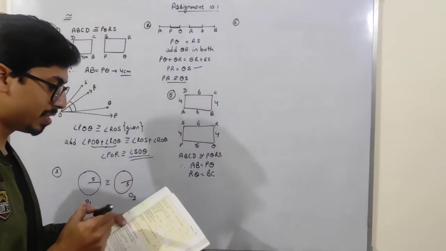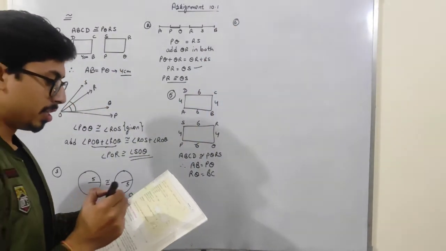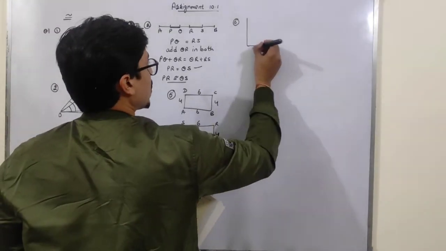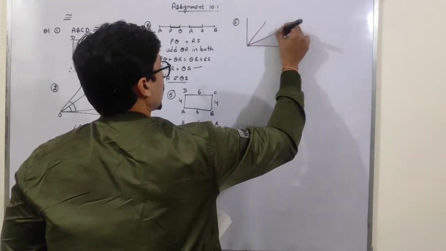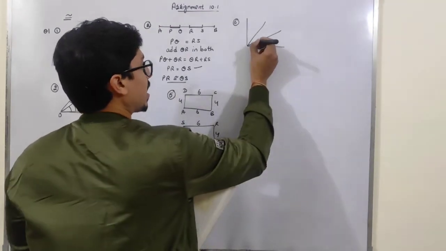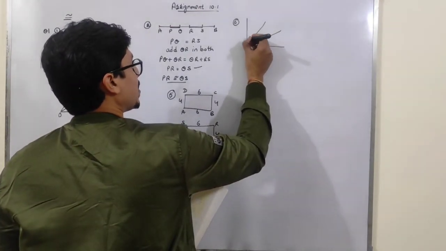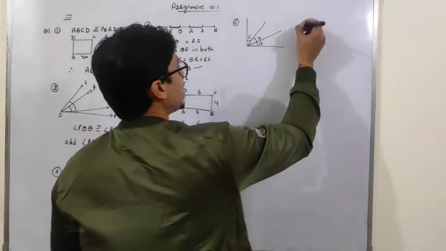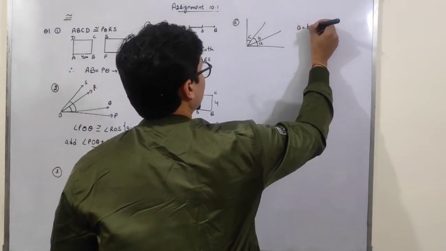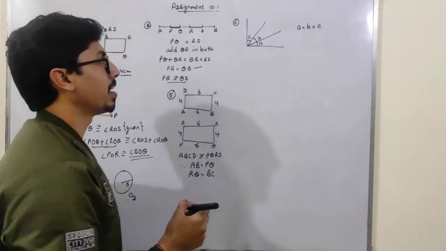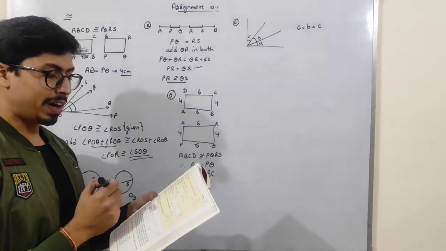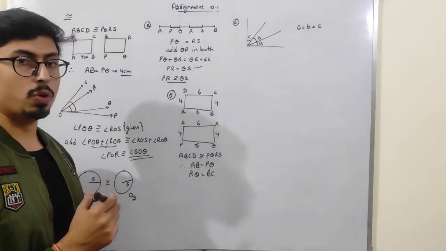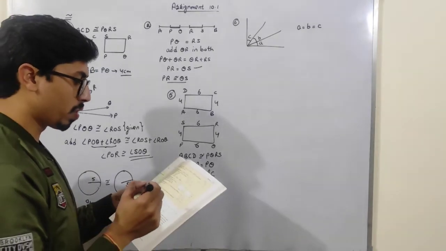See, question number 6, students. This figure is given to us. Okay. This is angle A, this is angle B, and this is angle C. And it is given, students, that A is equal to B is equal to C. It is given to us that all the three angles are equal. So find out the angle which is congruent to AOC.